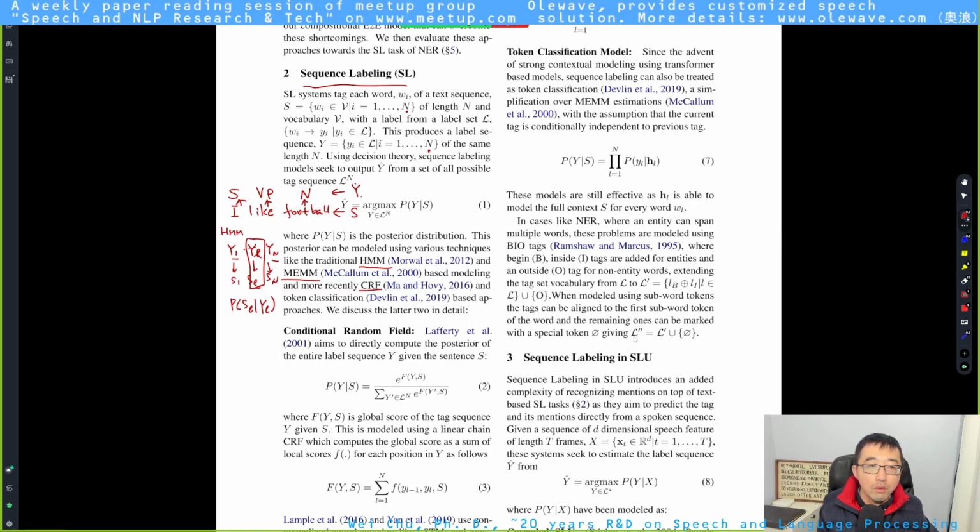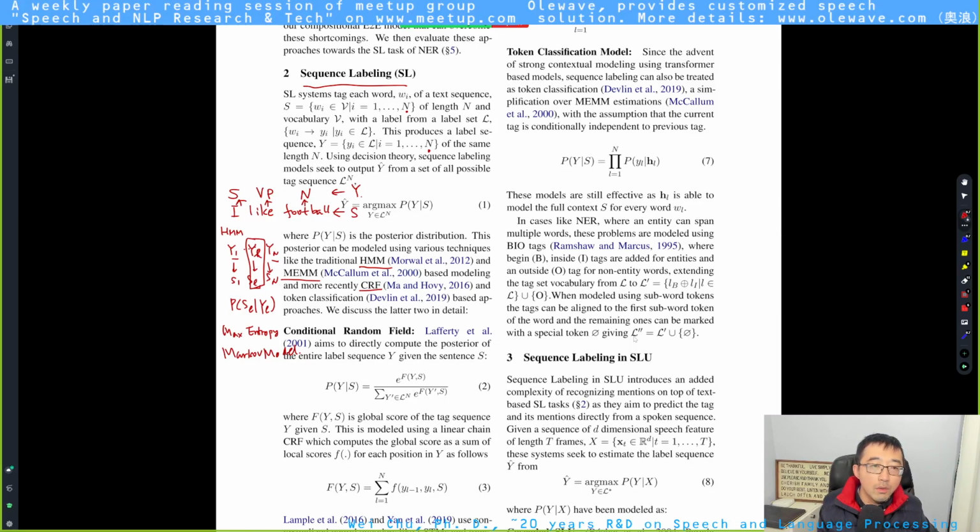When you go to the maximum entropy Markov model, this is MEMM, and you see that the generation relation from Y to S no longer exists.